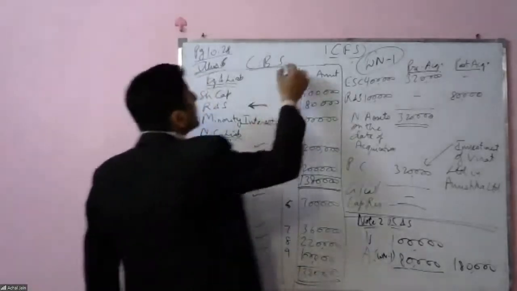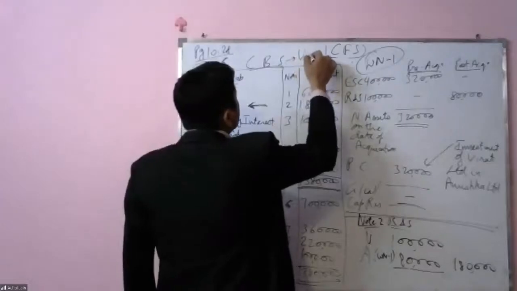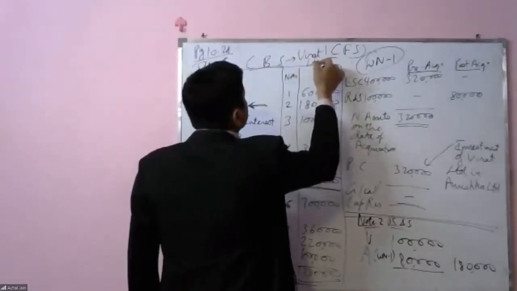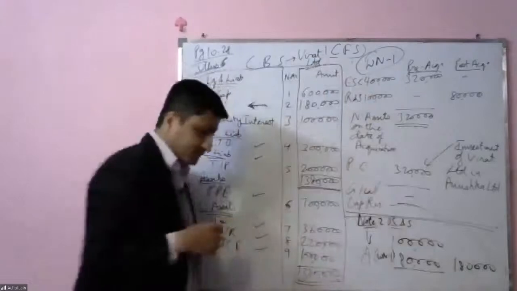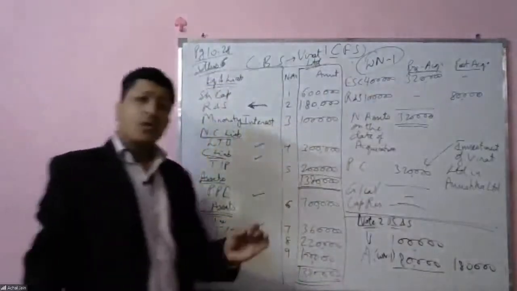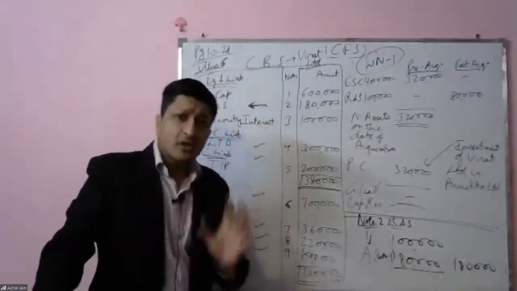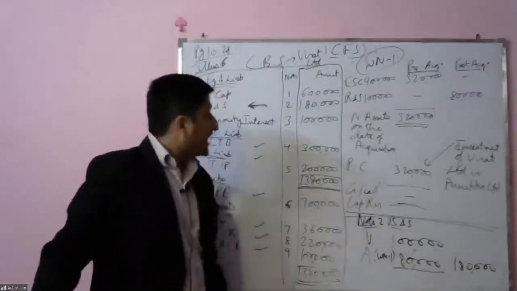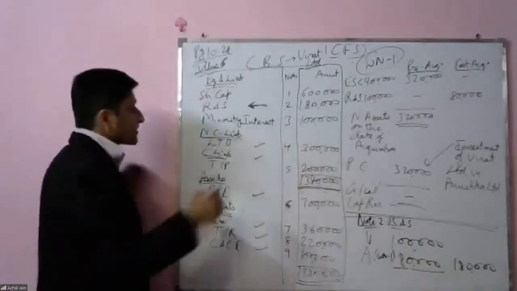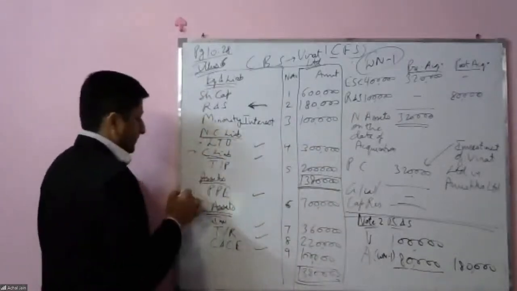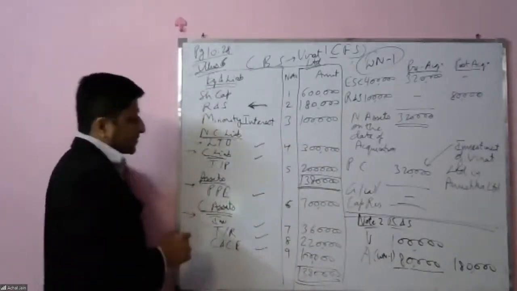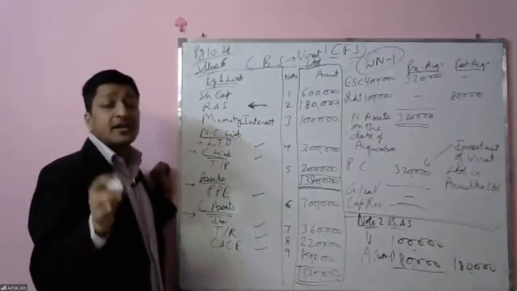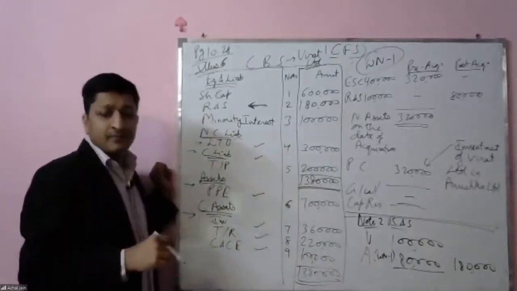Holding company. So this is prepared by holding company, Virat Limited. And the holding company actually has got only 80% of the subsidiary. So ideally, all of these items should have been picked up to the extent of 80% only.